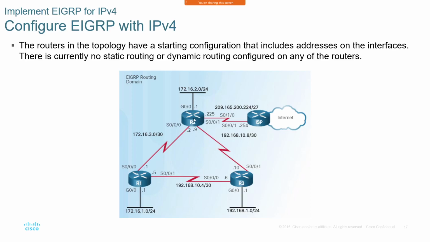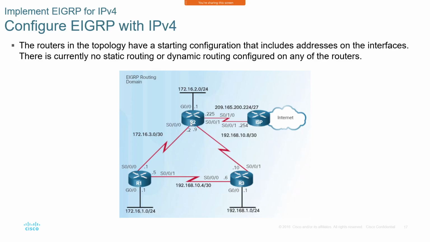So in order for router 2 to be able to contact the LAN connected to router 1, we need 2 things to happen here. First of all, we need to find a way to reach the LAN connected to router 1. And according to the diagram here, we actually have 2 ways of doing that. Router 2 can go directly to router 1, or it can go to router 3 first, and then on to router 1.